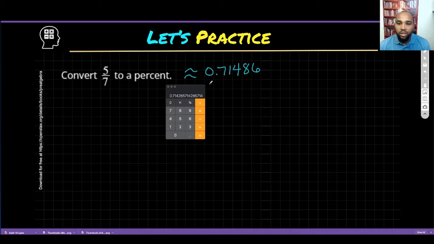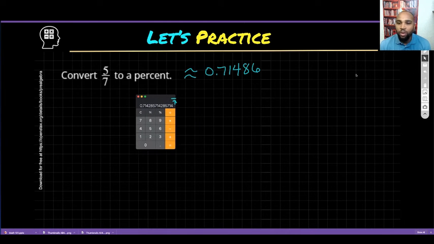We wanted the percent. So when I look at the percent, I'm only concerned about to the hundredths place. So we look at this 1 here, and I look to the right and I see a 4. So I can say this is approximately 71%, because per 100 is really all I'm concerned about, this hundredths place.